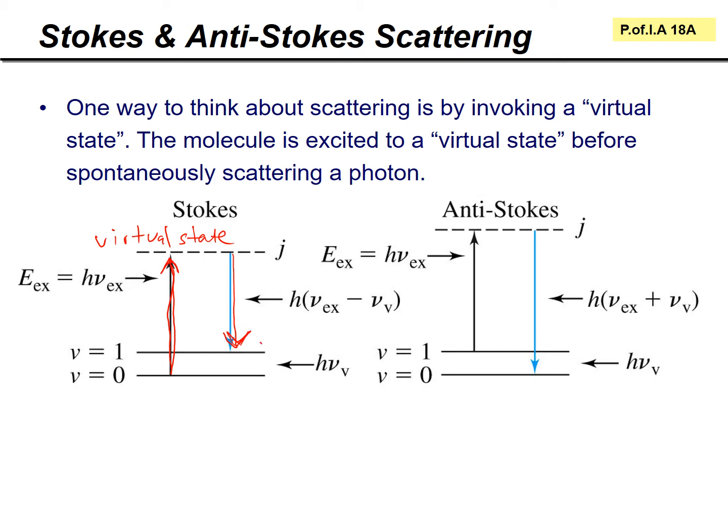The bit of energy missing is equivalent to the energy difference between the ground and first vibrational states. So by calculating the difference in energy between the incident and scattered photon, we've got the energy of the fundamental transition.